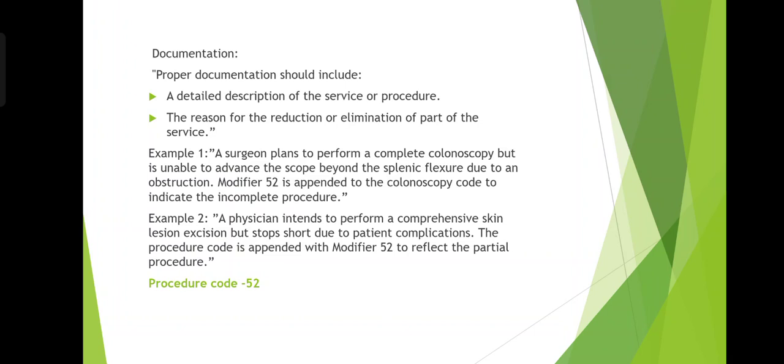Here the surgeon planned a complete colonoscopy but was unable to advance the scope beyond the splenic flexure due to an obstruction. So he did not complete the procedure. That's why we need to append modifier 52 here for reduced services.